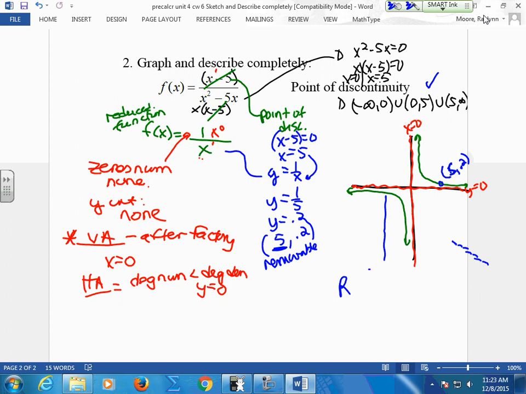I can't use 0. That's where my natural asymptote is. I jump over it. Whoops, I have to jump over this point again. So what was the y value for this point if it was there? 0.2. So I'm going to go from 0 to 0.2, jump over that, and then from 0.2 to infinity.